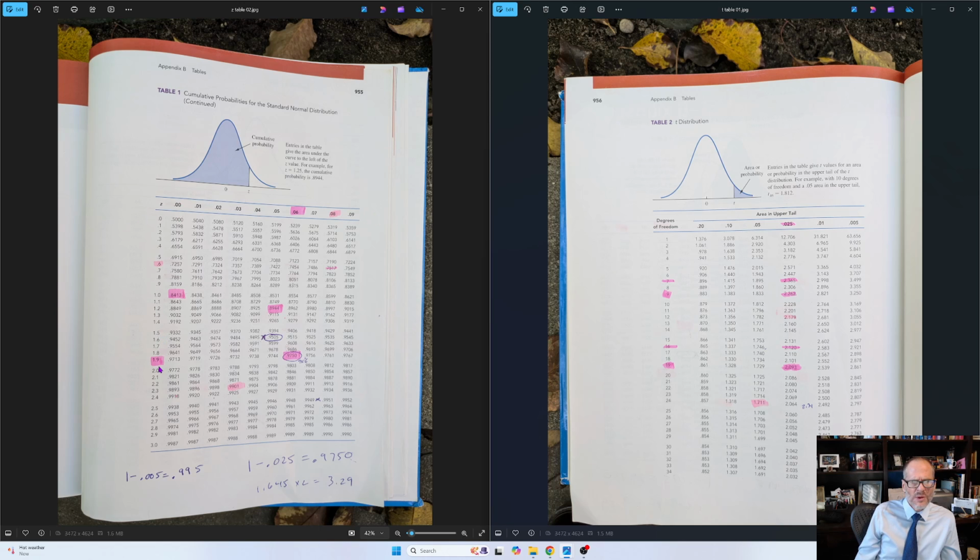If we were to do 1.96, it would be 95% confidence with 2.5% in each tail, which would mean that from this point to 1.96 standard deviations away, we would have from this point over to the left 97.5% of our data. So that's the probability, right?